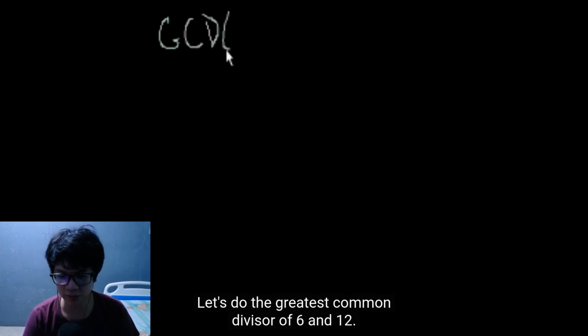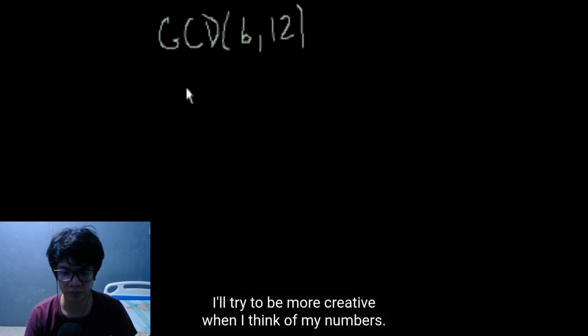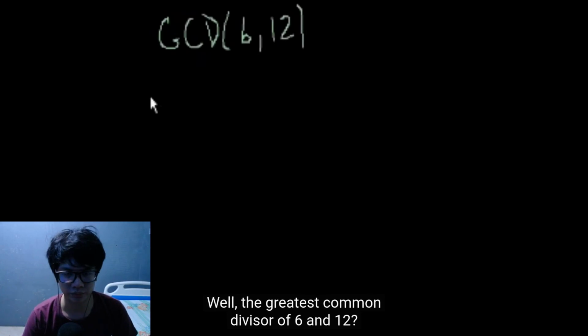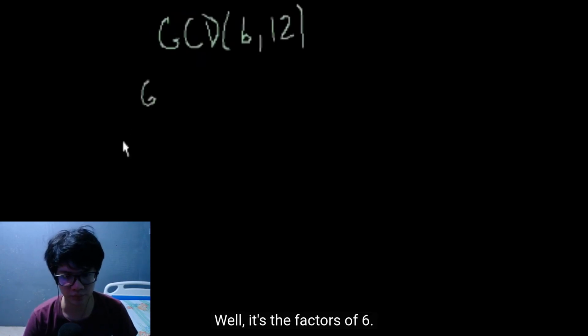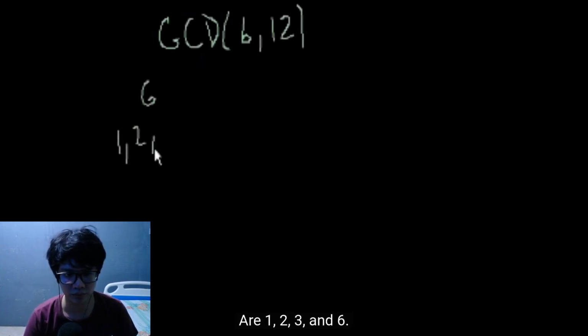Let's do the greatest common divisor of 6 and 12. I know 12 is coming up a lot. I'll try to be more creative when I think of my numbers. Well, the factors of 6 are 1, 2, 3, and 6.